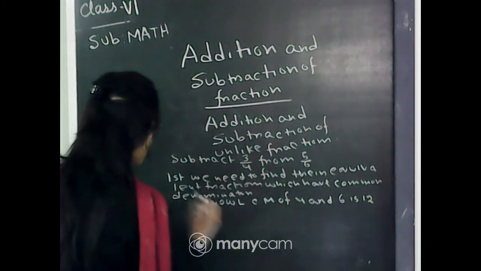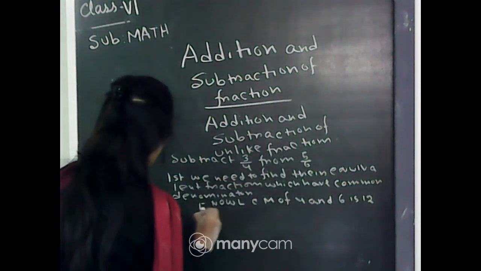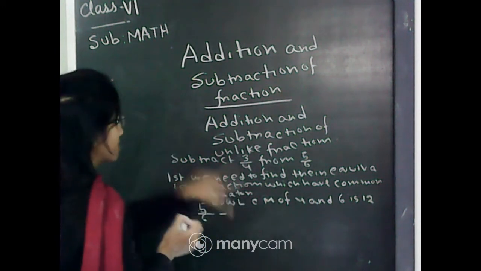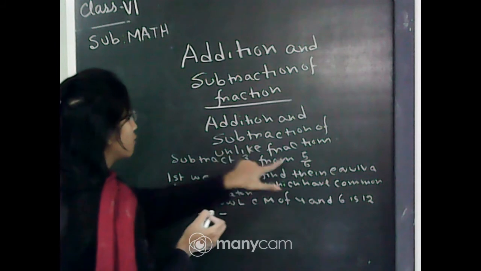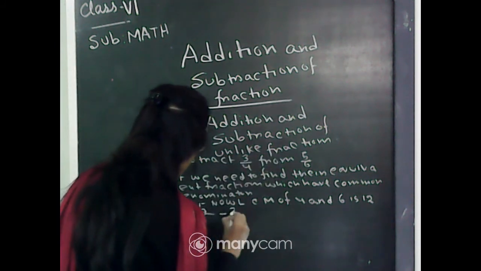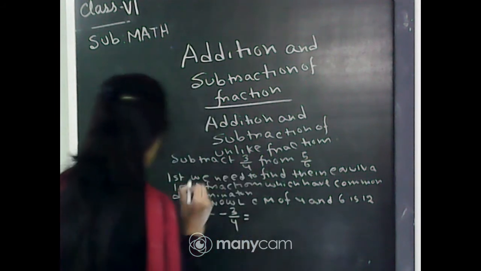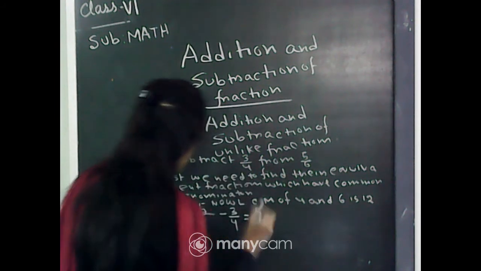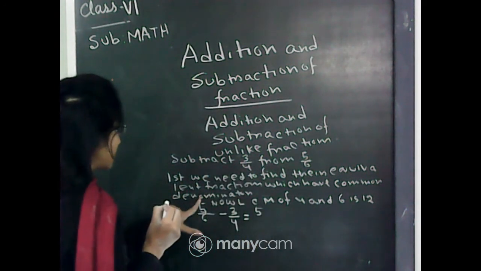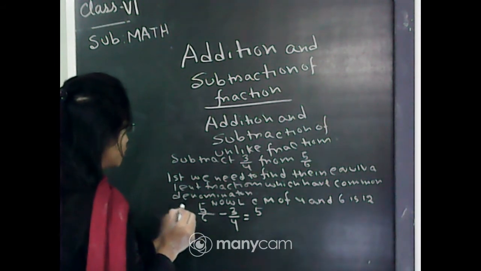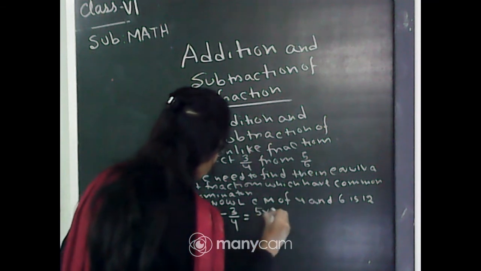That is, we get 5 by 6 minus, first we subtract 3 by 4 from 5 by 6. Therefore, this is equal to 5 by 6 minus 3 by 4. To make the denominator 12, we multiply this fraction, that is both the numerator and the denominator, by 2.